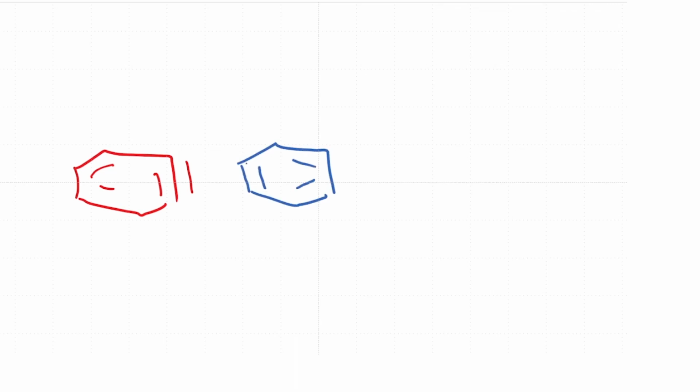So when you generate this benzyne under these conditions, you do a cycloaddition reaction. The cycloaddition reaction can happen in the following manner. You can detect this in the mass spec, the cycloaddition reaction.